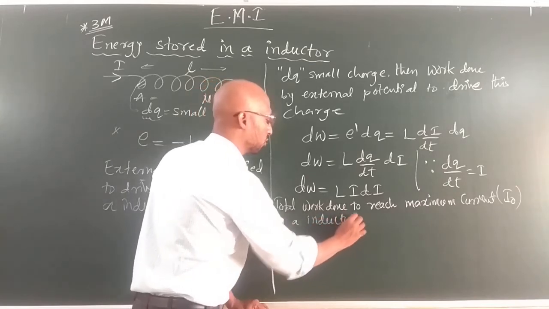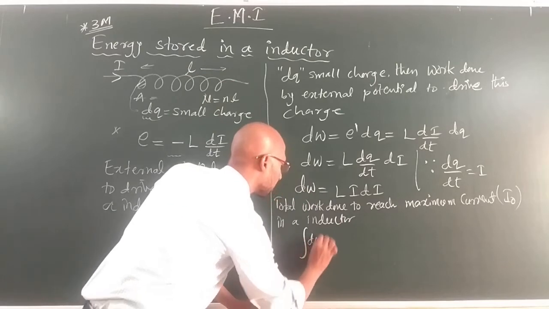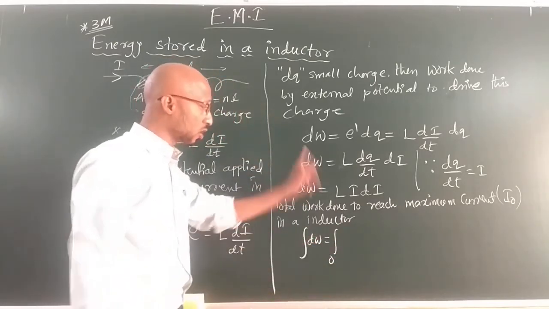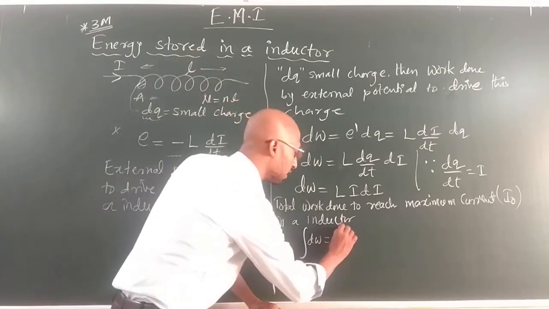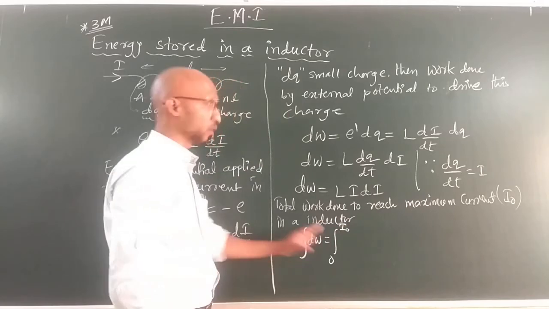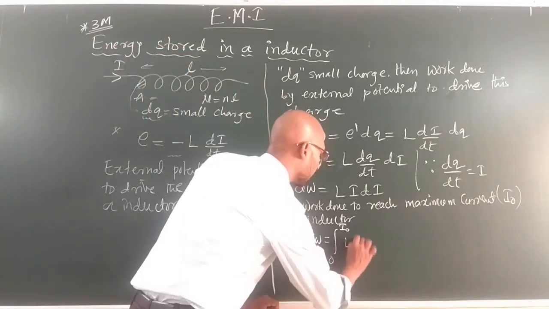Now what do I have to do? I have to integrate this equation. Here I have to integrate the current from 0 to the maximum value, I0. I hope that is visible for you. L into di.